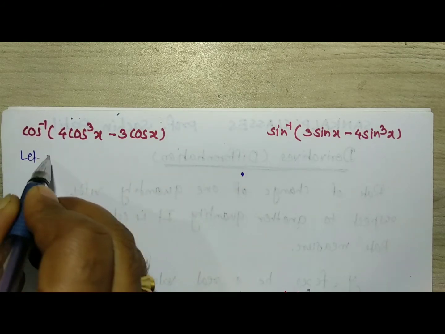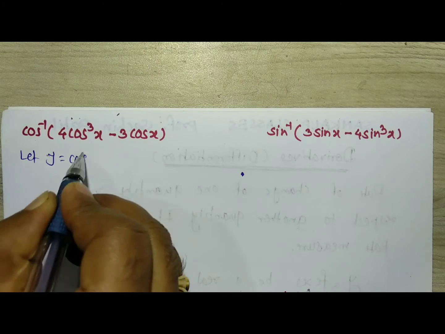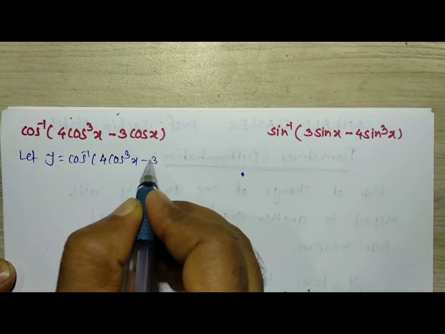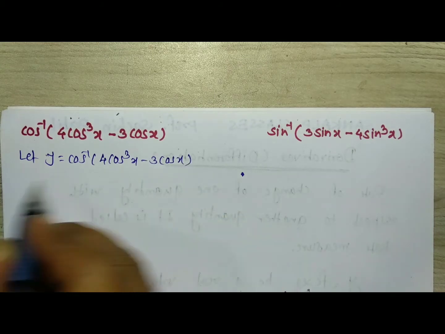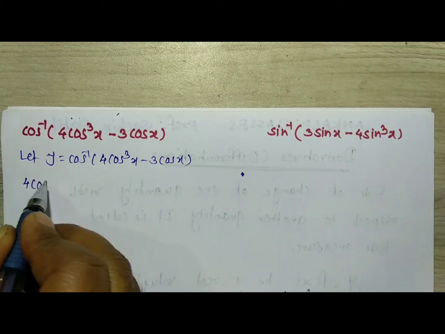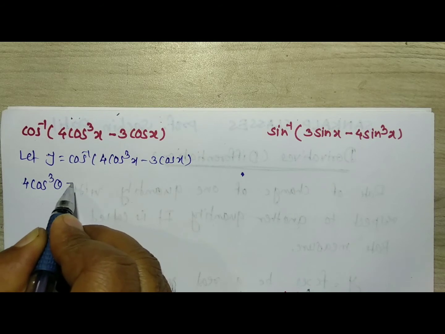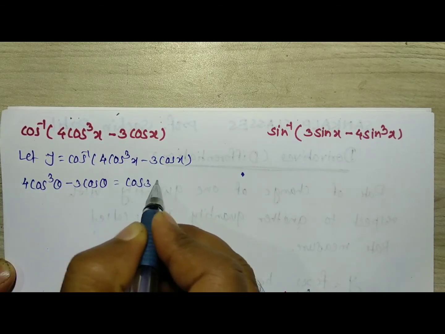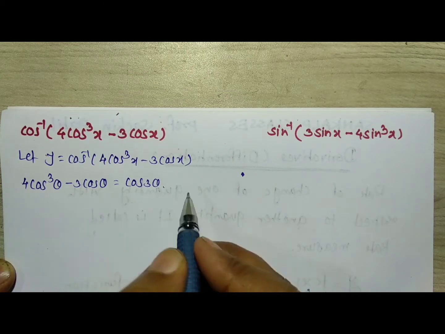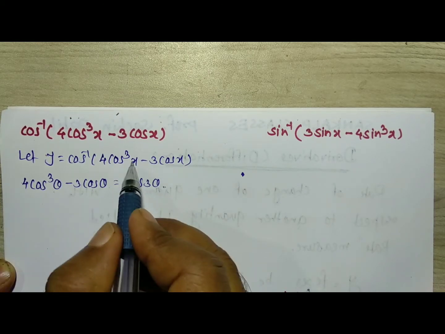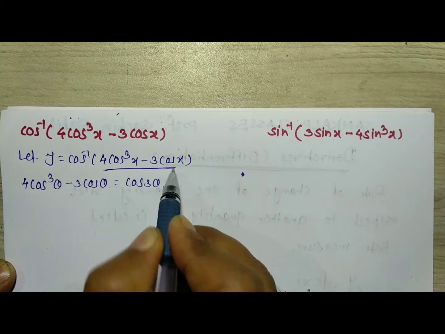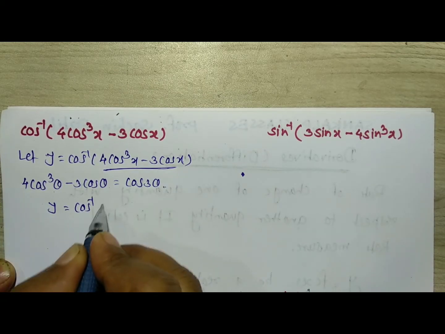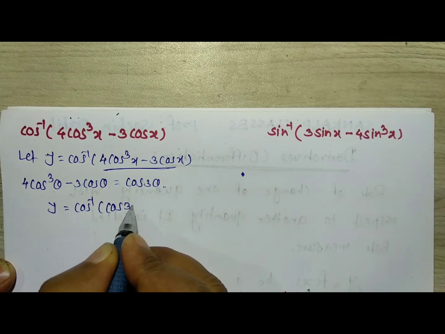Let y is equal to cos inverse of 4 cos³x minus 3 cos x. But we know the formula 4 cos³θ minus 3 cos θ is equal to cos 3θ. Using this formula, with theta replaced by x, this is nothing but cos 3x, and therefore y is equal to cos inverse cos 3x.